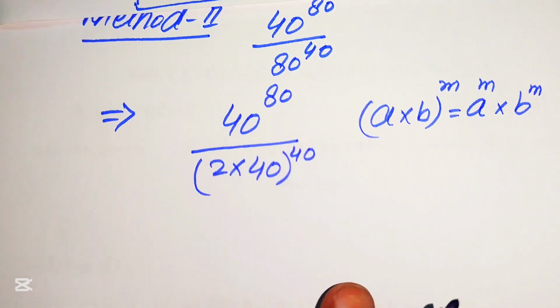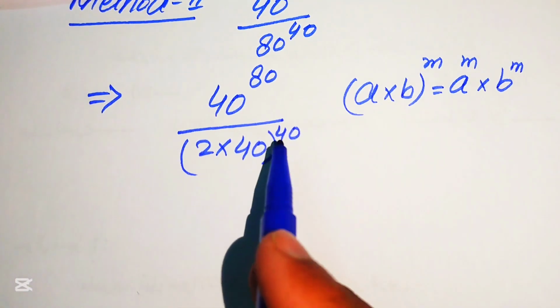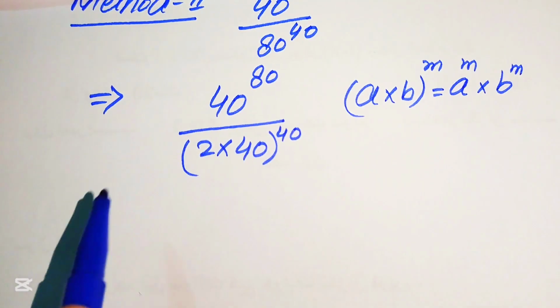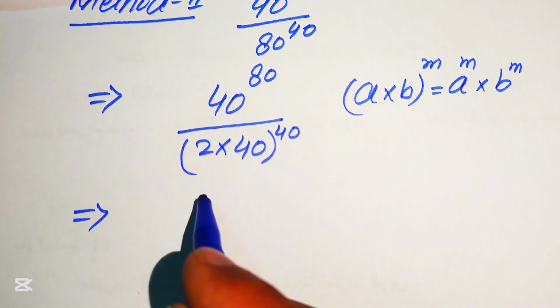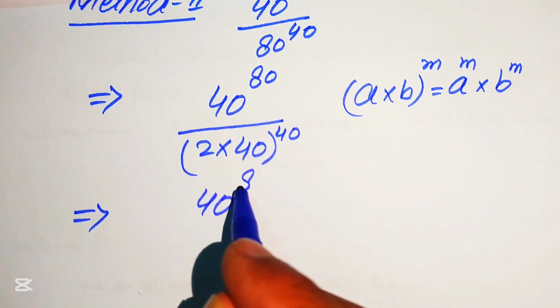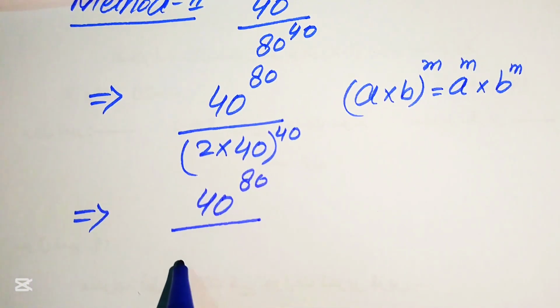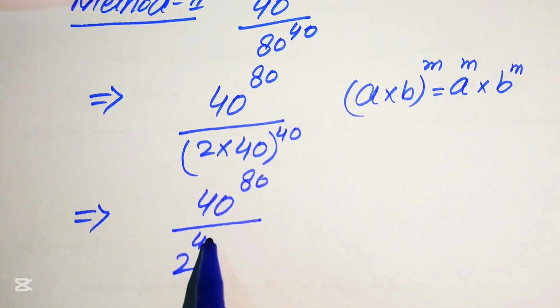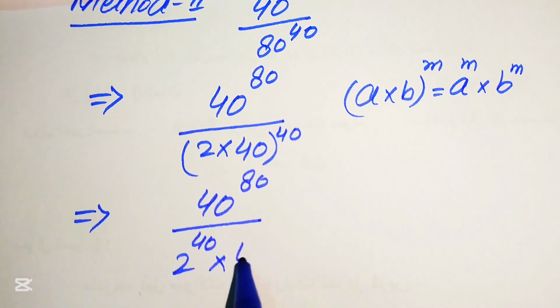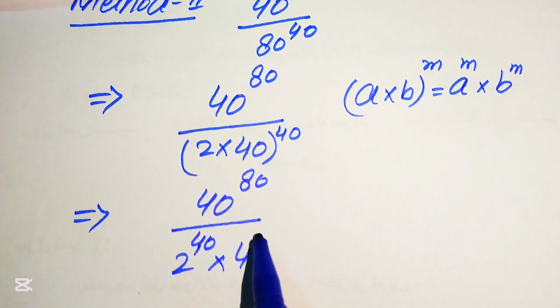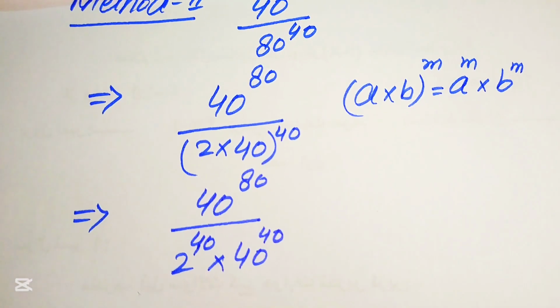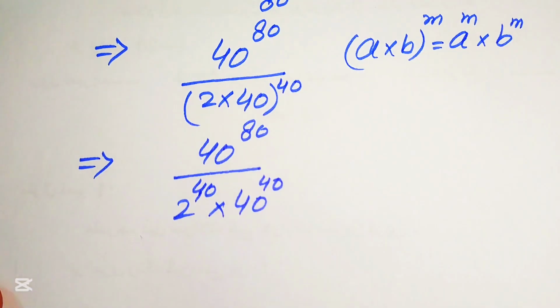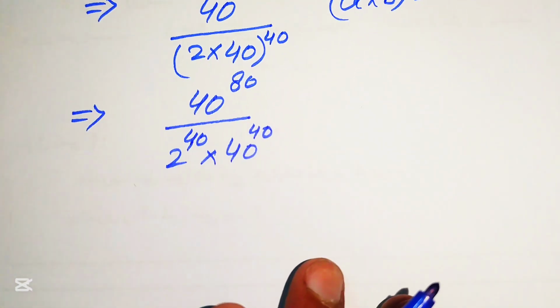According to this exponent law, we will apply this exponent separately on these two terms, and it will be written as 40 to the power of 80 divided by 2 to the power of 40 multiplied by 40 to the power of 40. Here we will apply another exponent law.